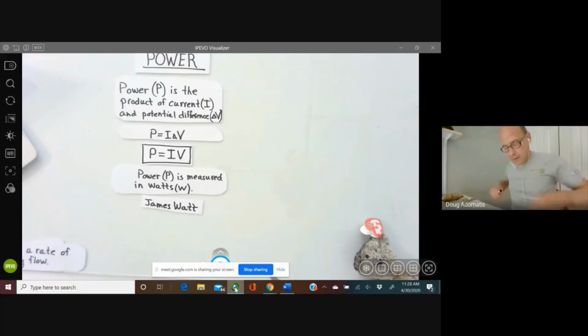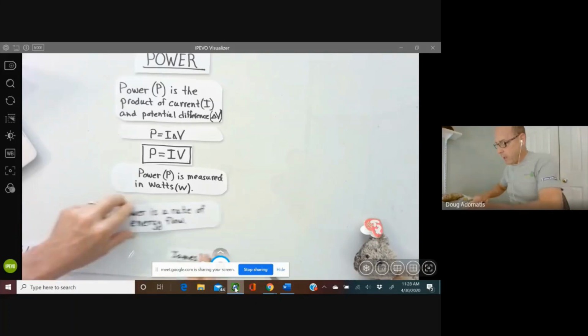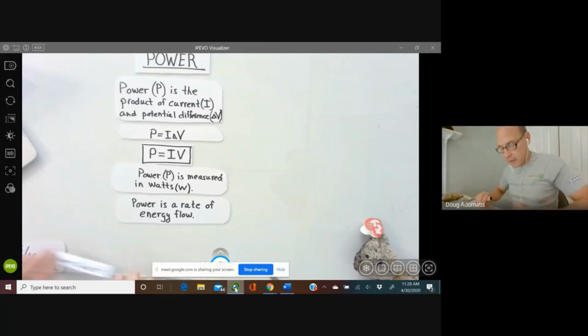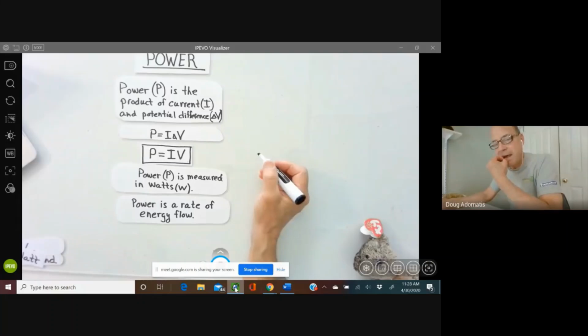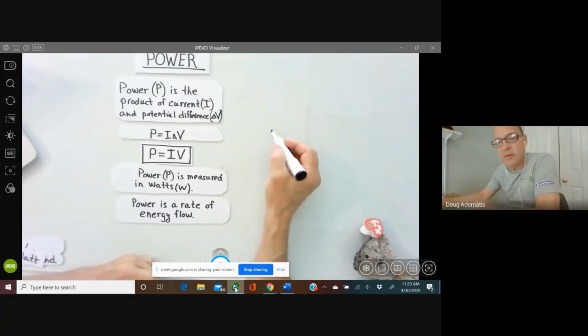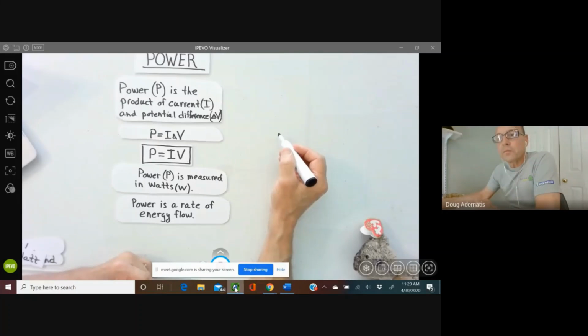Let me put it a different way. Power is a rate of energy flow. Now, I want you to imagine a big wide stream which is flowing with a certain amount of flow. It's a wide stream, so it's not moving very fast.